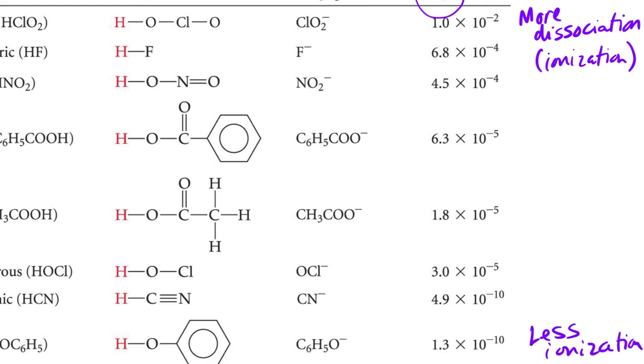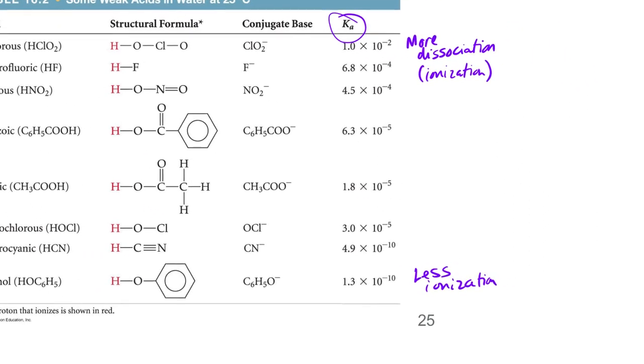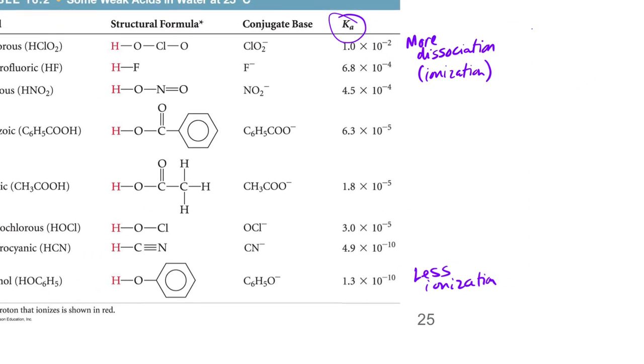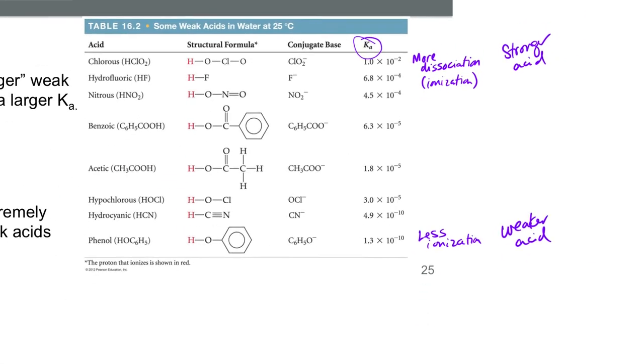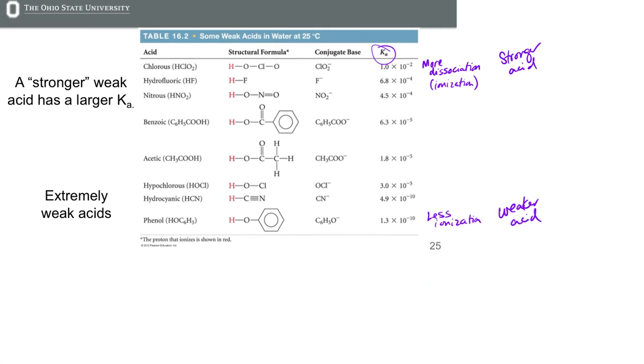And if we think about what that means in terms of the strength of the acid, larger Ka value, stronger acid. Smaller Ka, weaker acid. We don't have K values for our strong acids and bases because there is no equilibrium, if you're wondering about that.